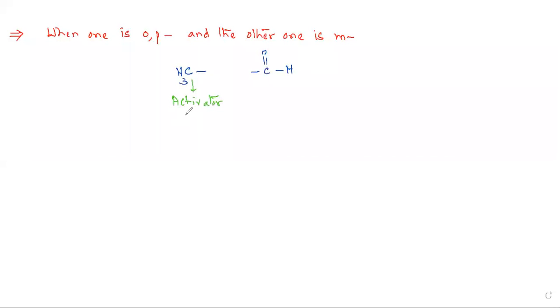So this is activator, ortho para, whereas this one is a deactivator, meta. But being an activator, this decides the product. This is important.